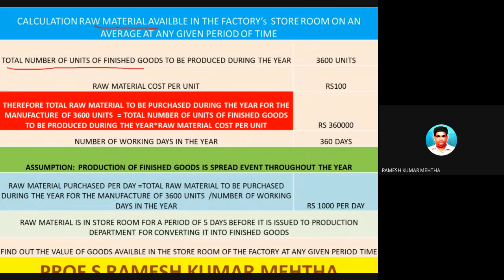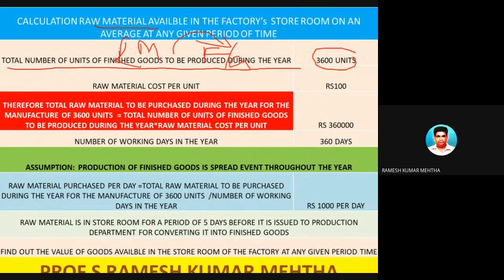Total number of units which we are contemplating to produce in the next year. For producing finished goods, you require raw material. To purchase raw material, you should know how many units you are going to manufacture in the next year. This is a hypothetical numerical example.